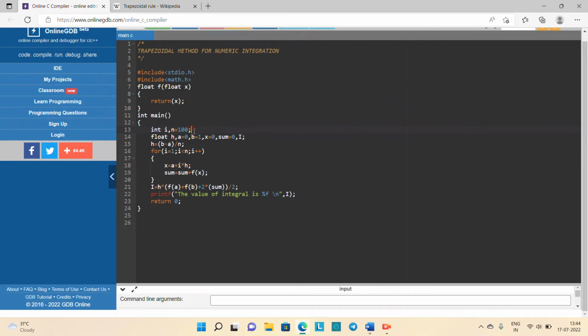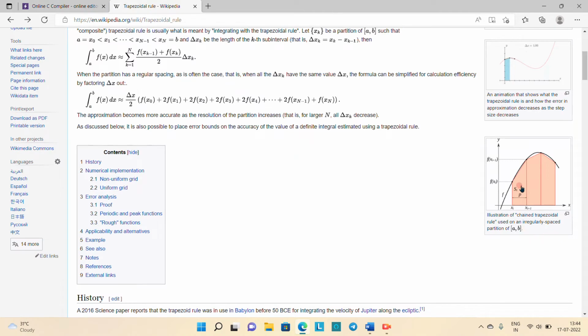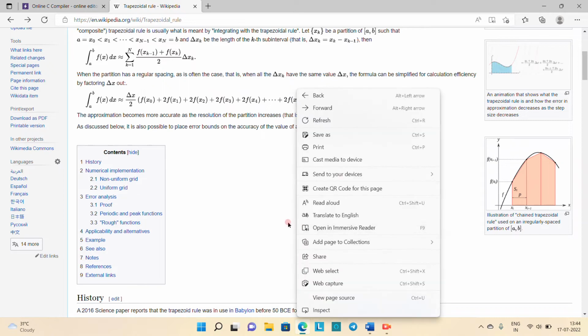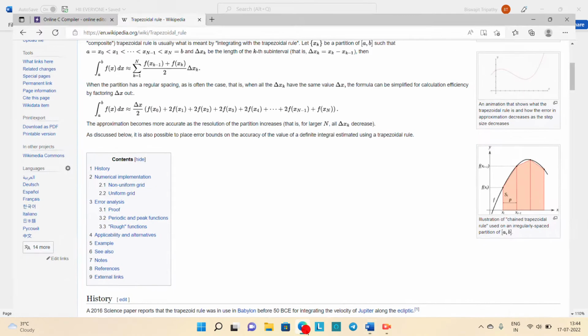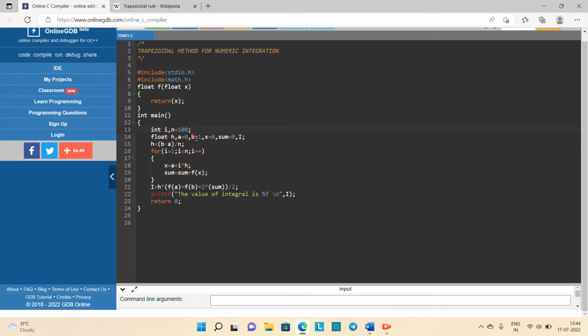We have given 100 subintervals, meaning from a to b I am dividing this area into 100 subintervals. And remember, the more subintervals you take, the more accurate your answer will be. So we have taken n equal to 100.